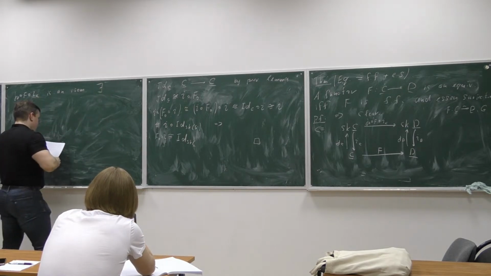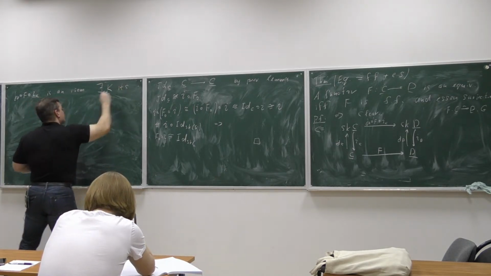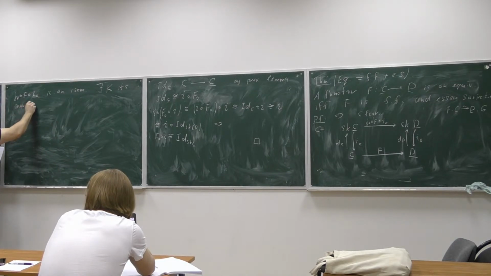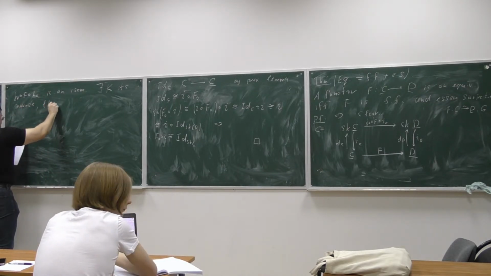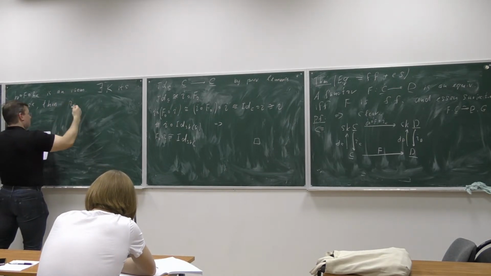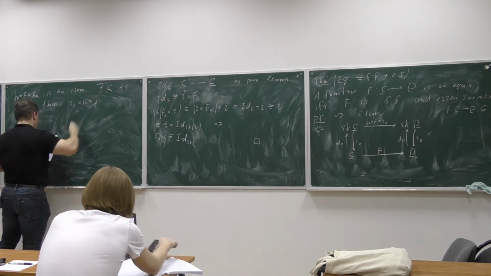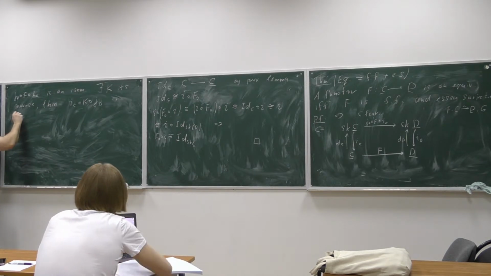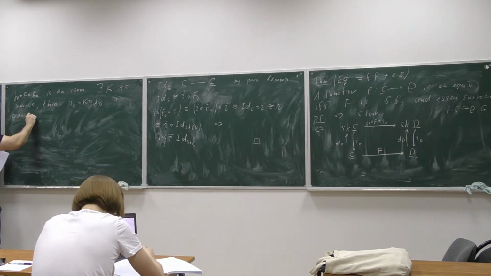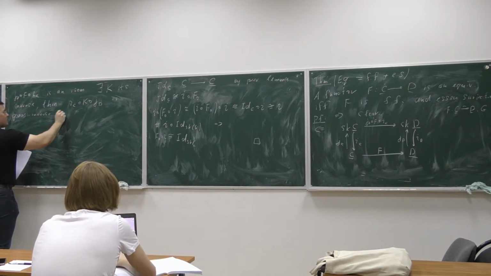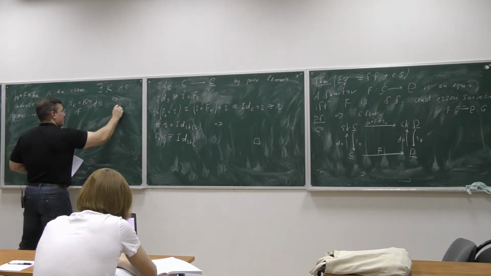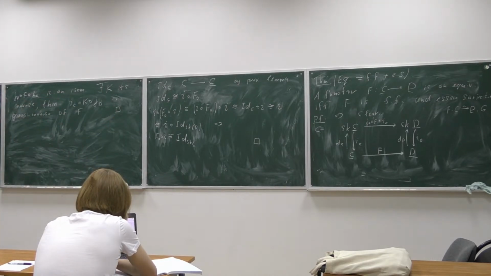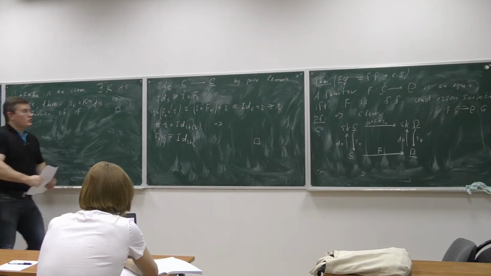So there is an inverse. Call it k. Then the composition of iota_C, k, and j_D is quasi-inverse of f.